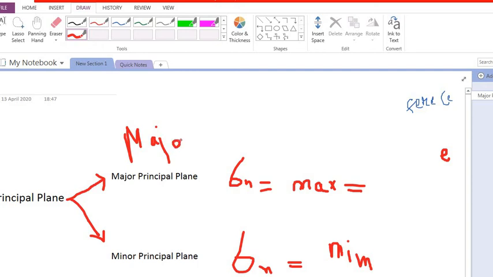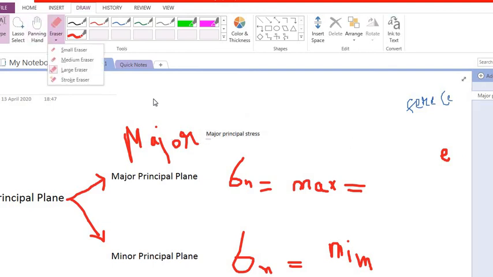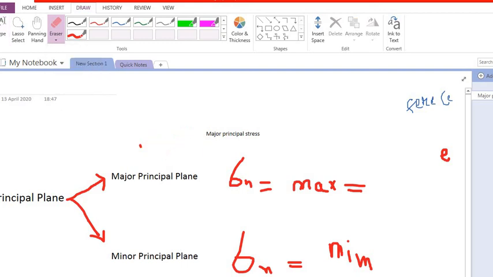That is called the major principal stress, okay. I think it will be clear to you. I will repeat once again. See what I am saying.